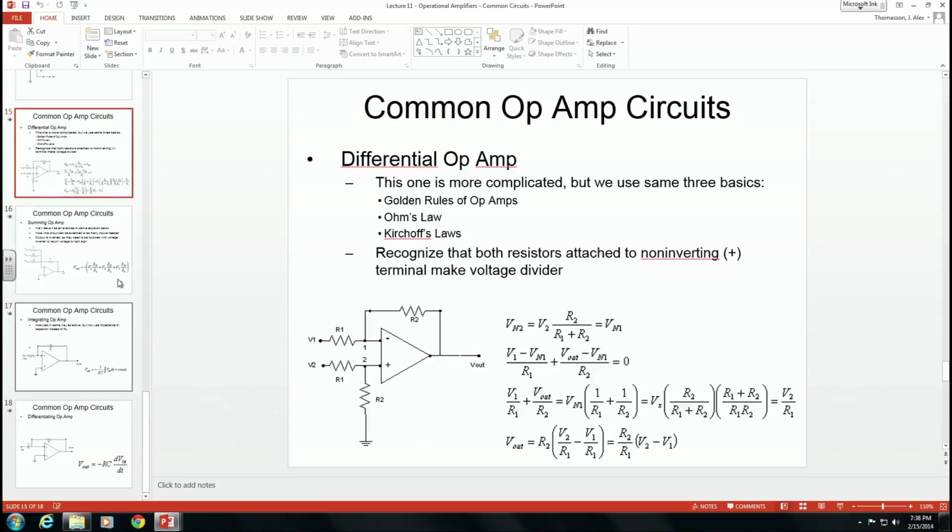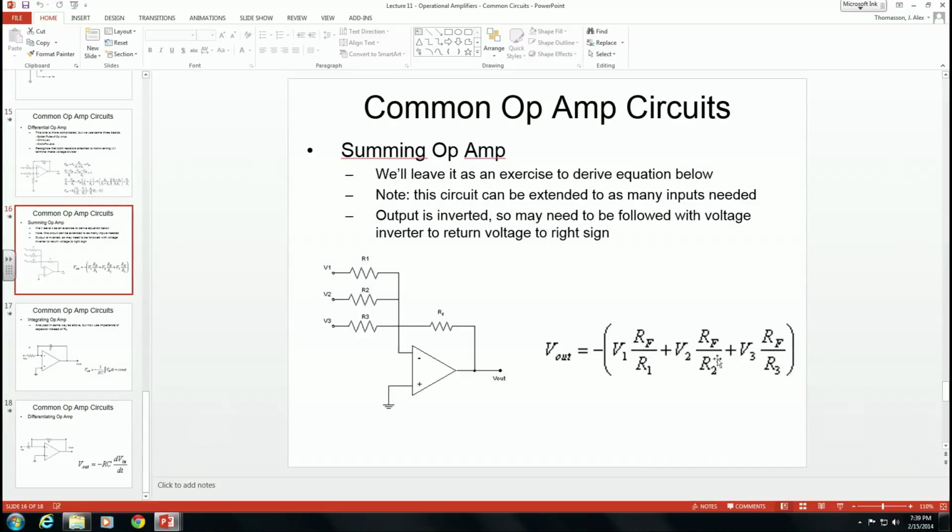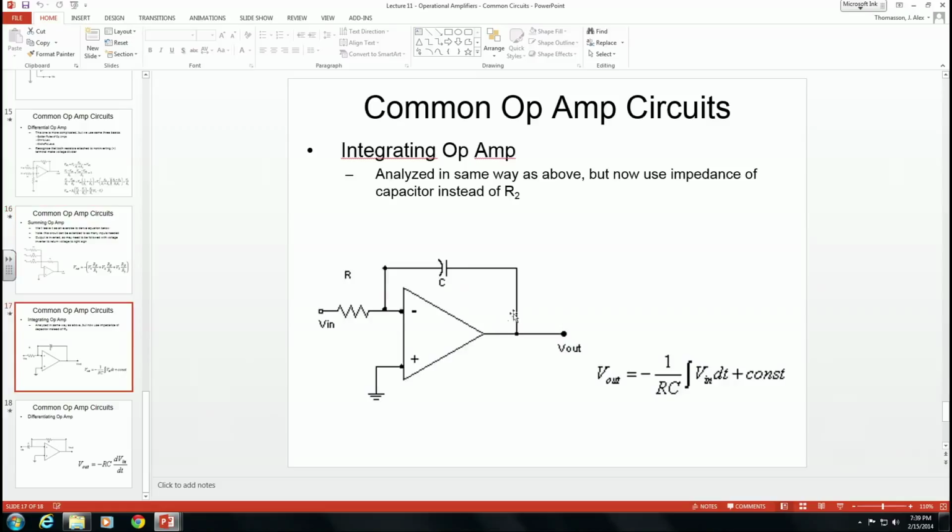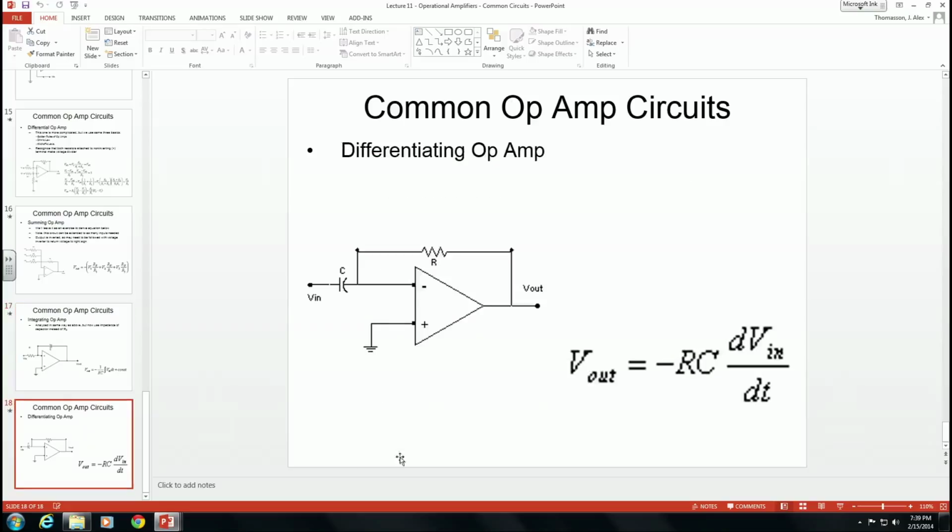You've got a summing op-amp, and its output looks like this. Don't forget about the minus sign in front. You've got an integrating op-amp that looks like this, and again, minus sign in front, and a differentiating op-amp with a minus sign in front looks like this. Okay, you should know all those, know how they're configured, and know what their outputs are.